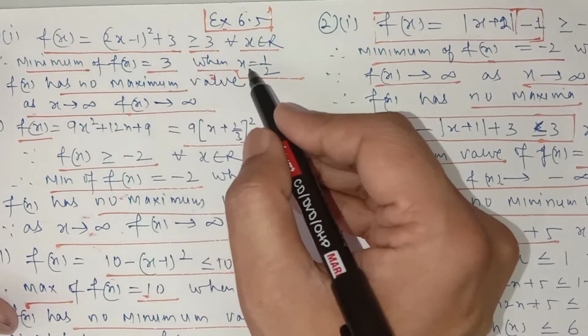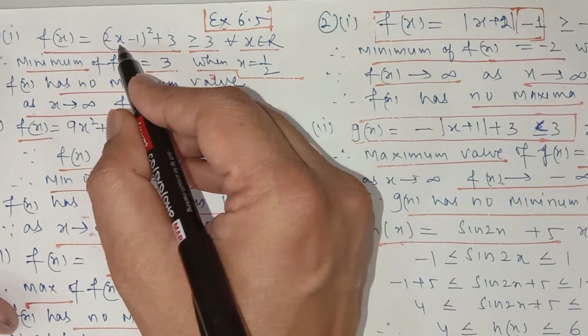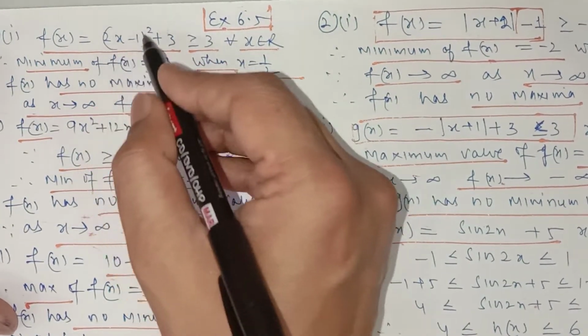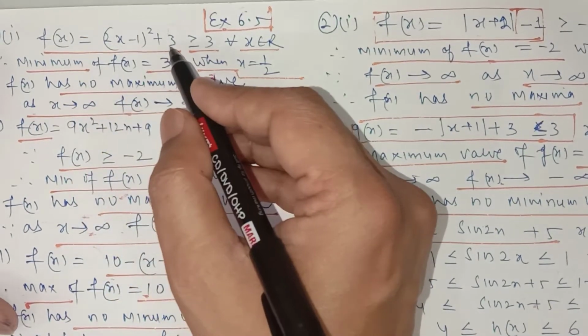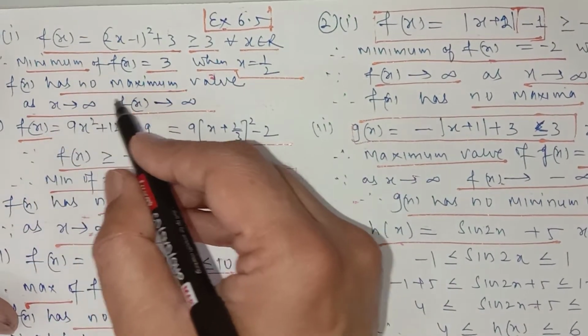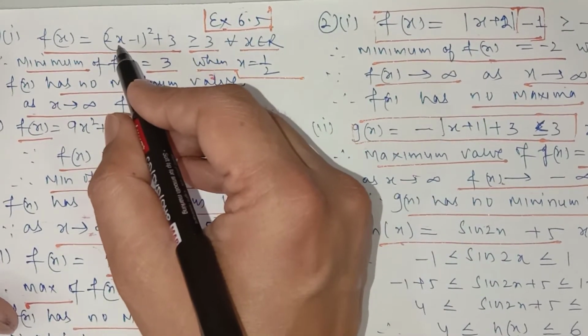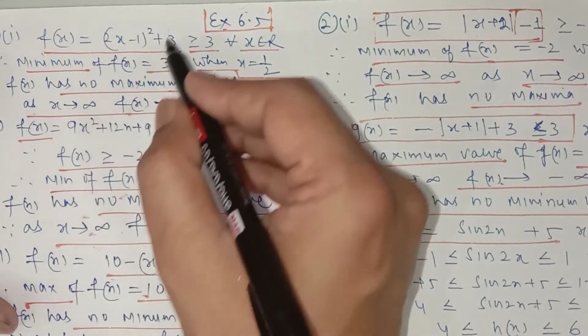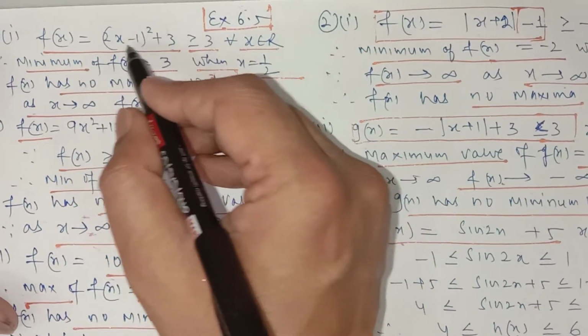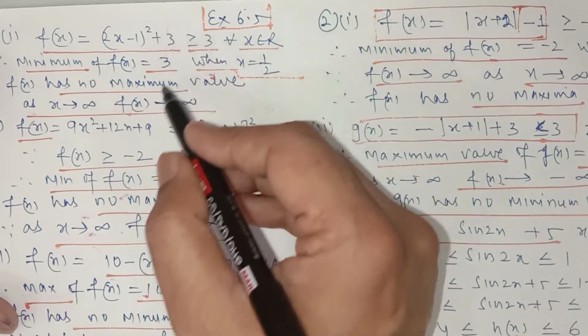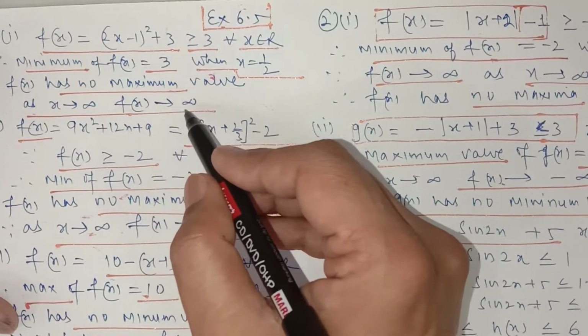It will be equal to 3 when you replace x by 1 upon 2, so then the square term will be equal to 0, and 0 plus 3 is 3. Now this function has no maximum value, because as the value of x increases to infinity, the value of this function (2x minus 1) whole square plus 3 increases up to infinity.